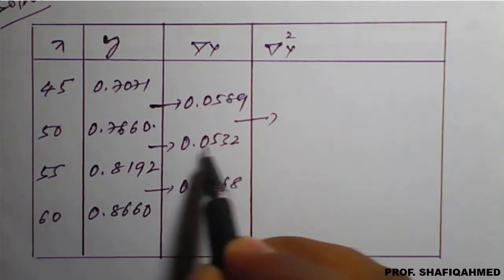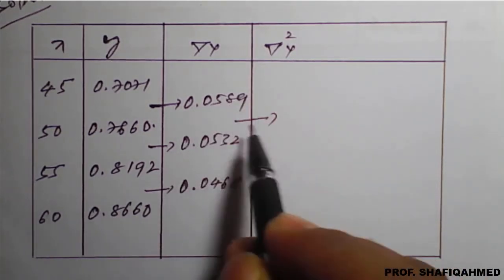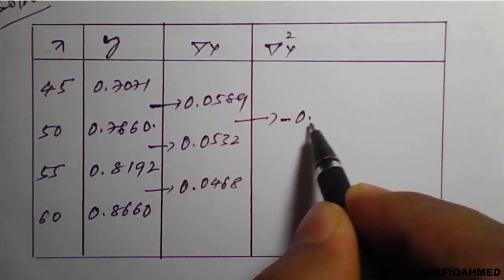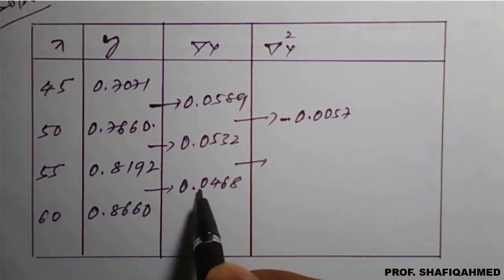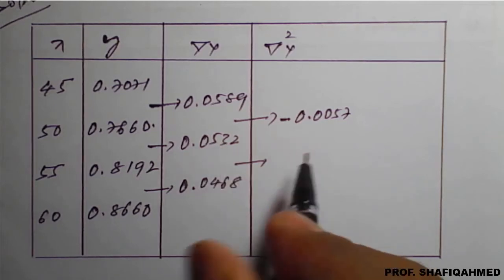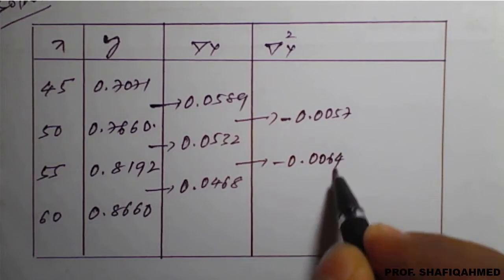So we'll see the difference between 0.0532 minus 0.0589, which will be minus 0.0057, and 0.0468 minus 0.0532, the difference is minus 0.0064.